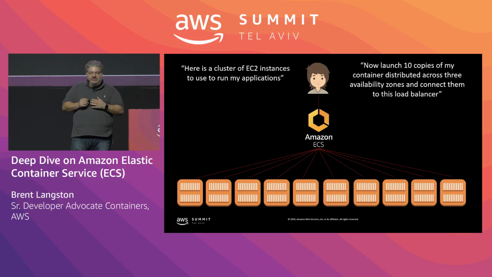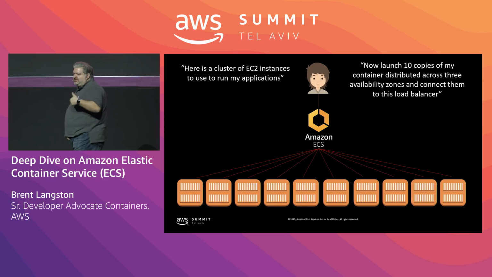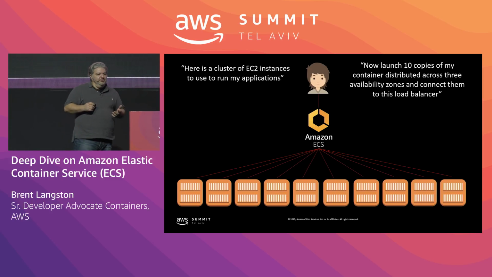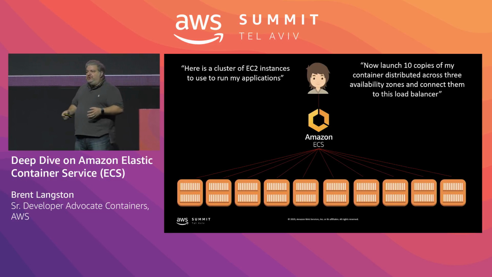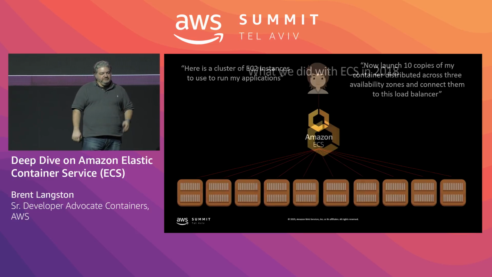So launch 10 copies of my container distributed across 3 availability zones and connect them to this load balancer. Just send me that description and I'll go out and make it happen on your fleet of servers. So that's what ECS does. You describe the end state that you're looking for, and the orchestrator figures out how to make it happen on just a pool of resources. So nodes are no longer individual, they're no longer important, they are just a fleet of resources.